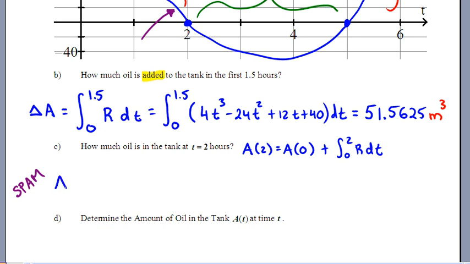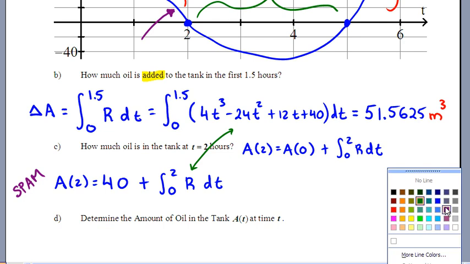That's what I'd have to do. So the amount at time 2 would be the 40 that's in there originally, plus the new oil that goes in, the integral of the rate from 0 to 2 dt. So the rate is just this same thing. I don't want to write it all out again. They gave me that expression at the top of the page.